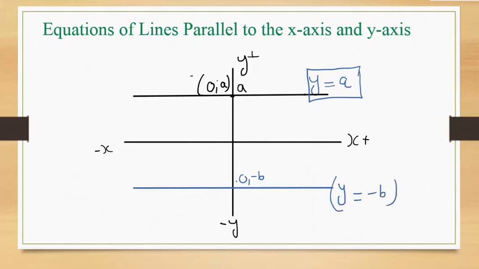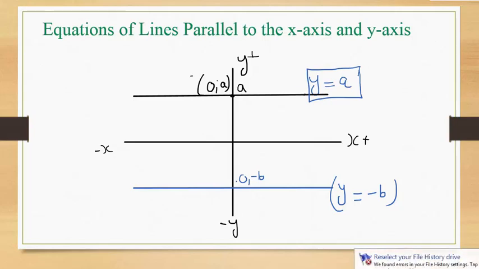Means the point which is on the y-axis, that will be the equation. Means y equals a, or y equals 1, y equals 2, y equals 3, y equals -3, y equals -4. These all are the equations of lines parallel to the x-axis.